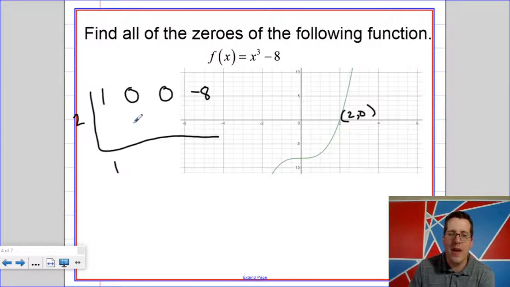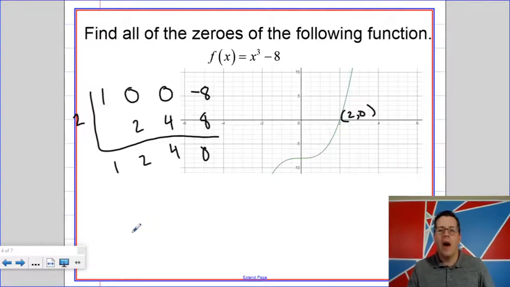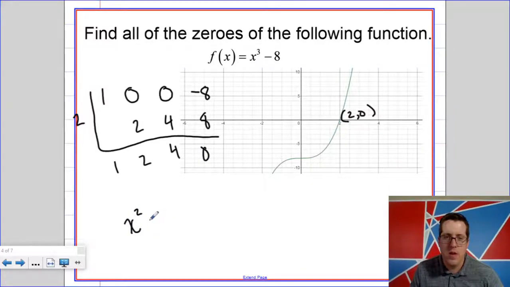let's see why that gives me a 0 first. I get this quotient of x squared plus 2x plus 4.